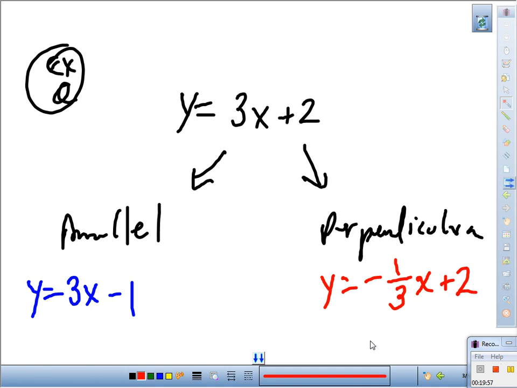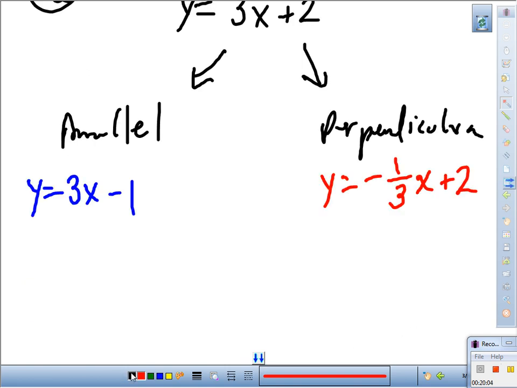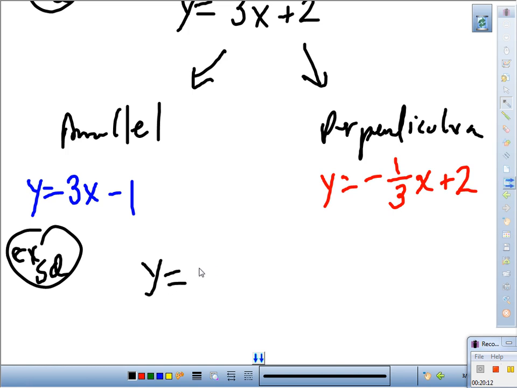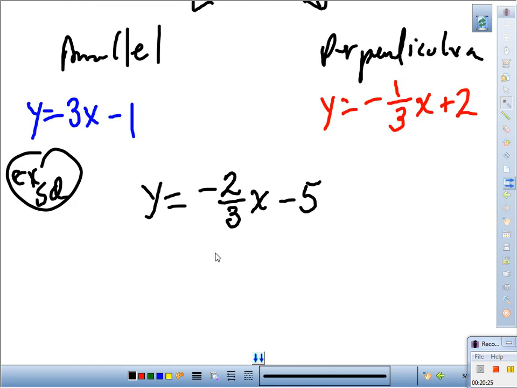Yes? Let's do another one. Example super cube. We got y equals negative 2/3 x minus, give me a number, 5. Once again, write me a parallel and a perpendicular line.